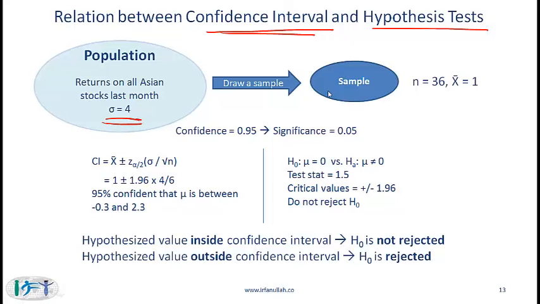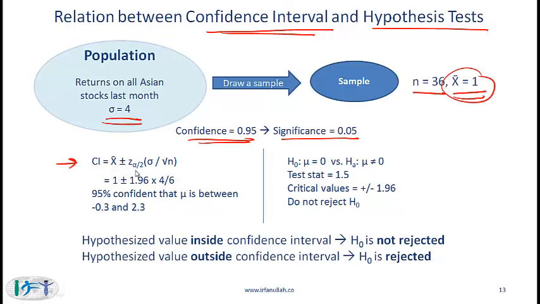We draw a sample, and the sample has a size of 36, and the sample has a mean of 1. Let us say that we want to do our work with 95% confidence, which is the same as a significance level of 0.05. If you recall, the confidence interval for this situation is x bar, which is equal to 1, plus or minus z alpha over 2.